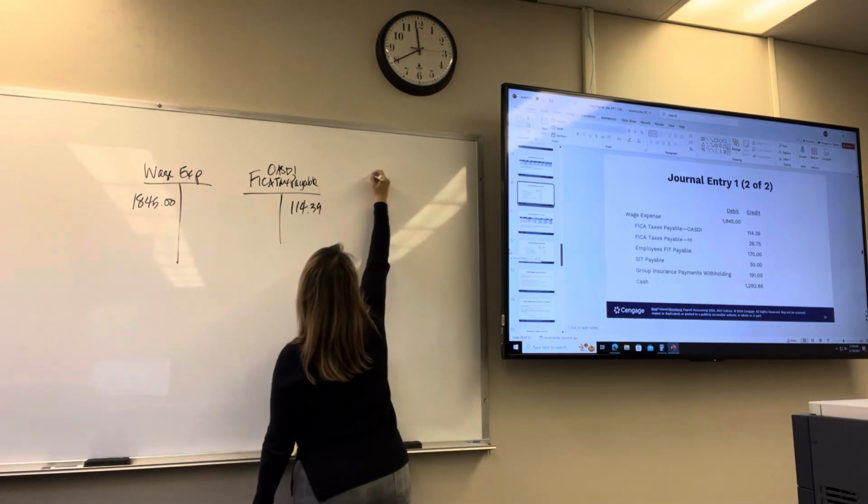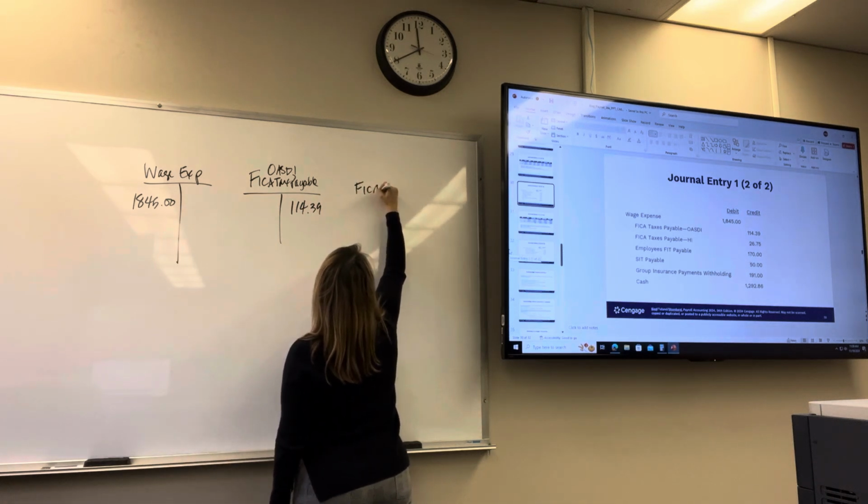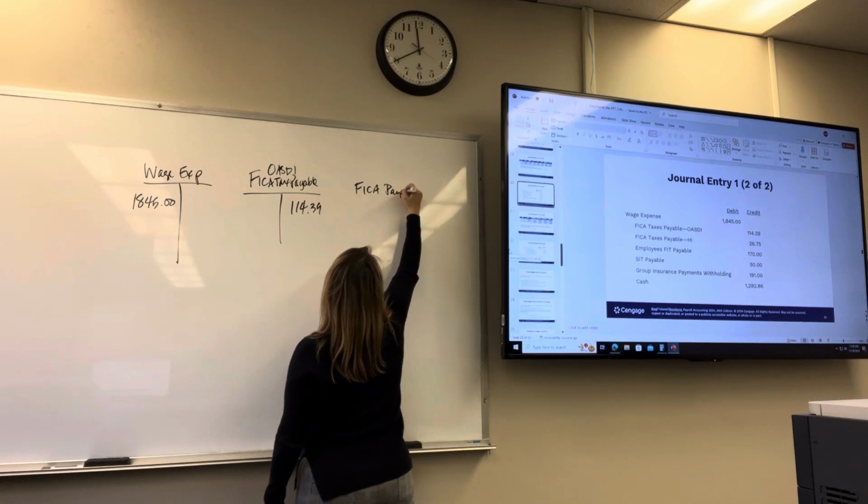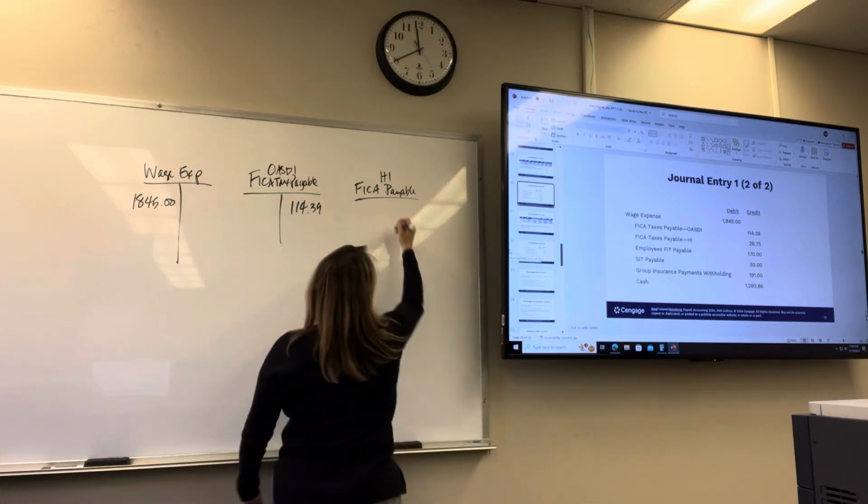And then we have FICA taxes payable, HI, 26.75.